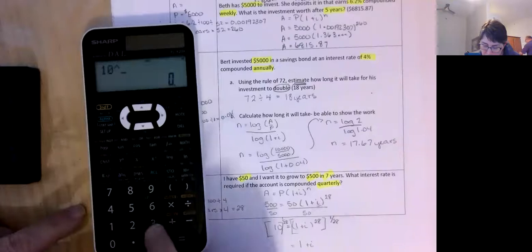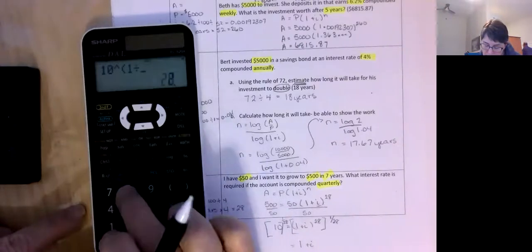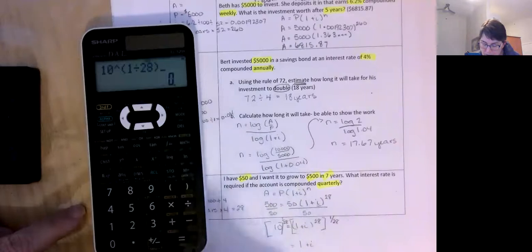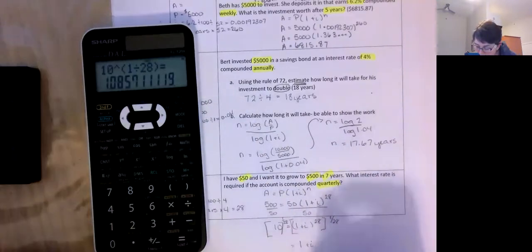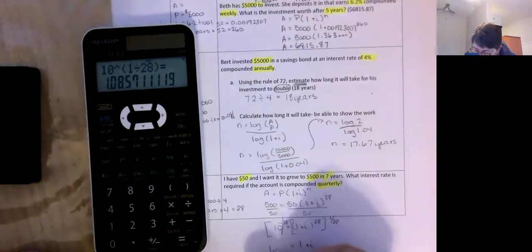I'm going to use my brackets. So bracket 1 divided by 28. Close my brackets. Eventually that's what that says, and equals 1.0857.